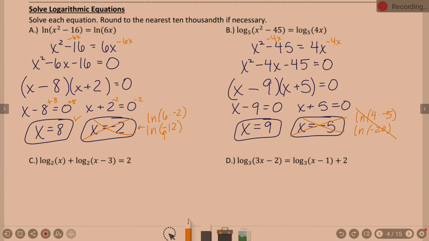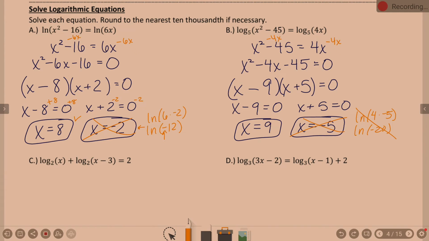Now, that is your process when you have a log equal to a log. And that is a single log equal to a single log of the same base. One last change up. On C, do I have a log equal to a log? No. Can I make it a log equal to a log?